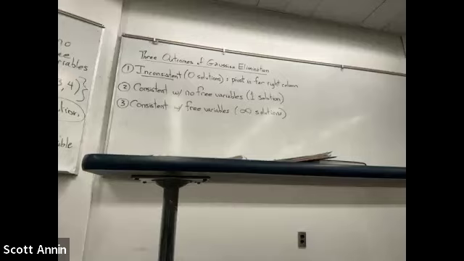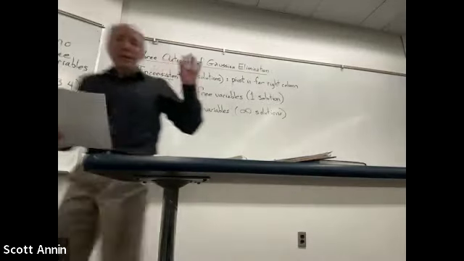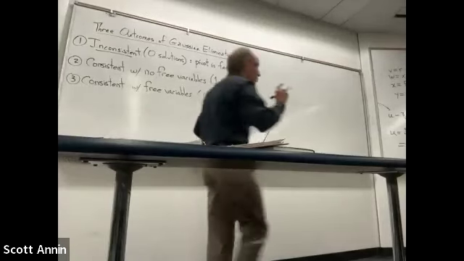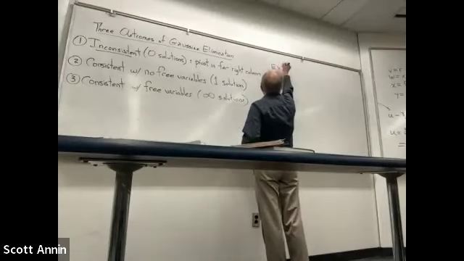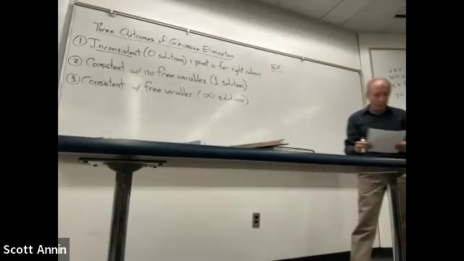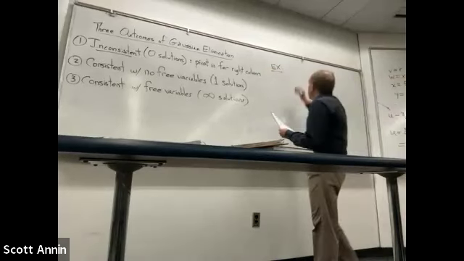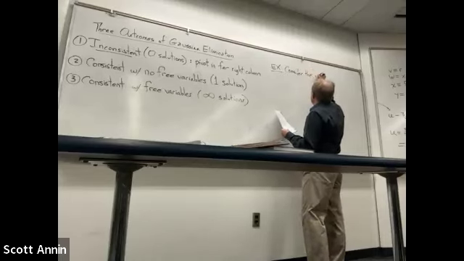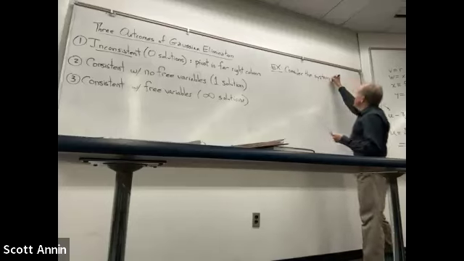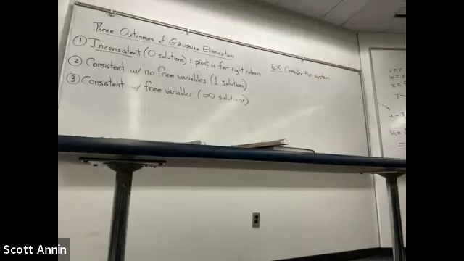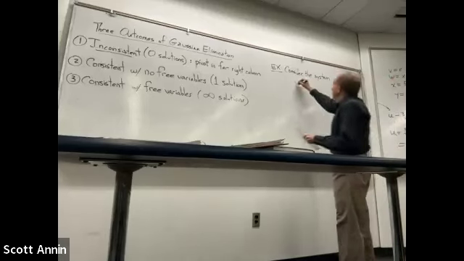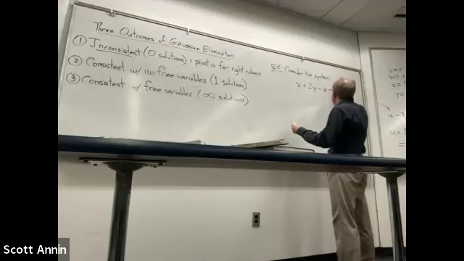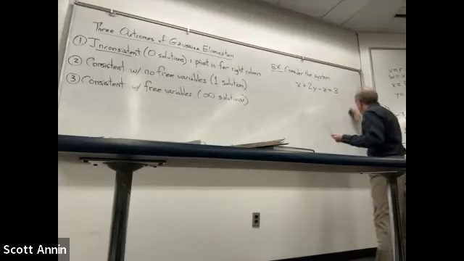I'd like to do one more example that captures all three of these outcomes in one single problem. Let's put it over here, and then I think we'll call this good. So consider the system. Here's my system: x plus 2y minus z equals 3.